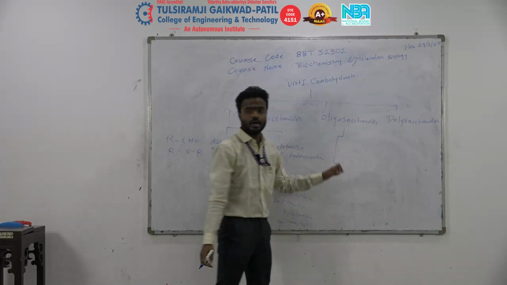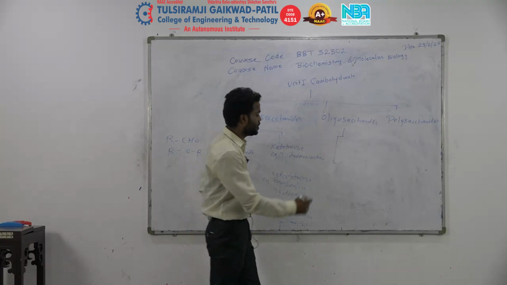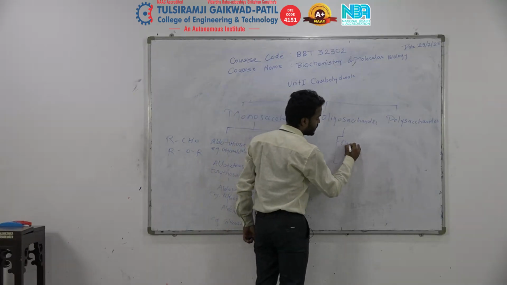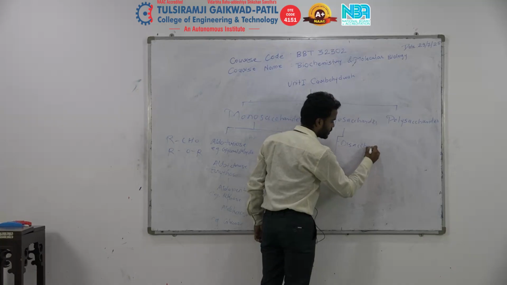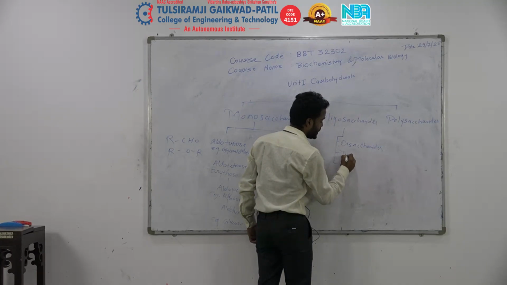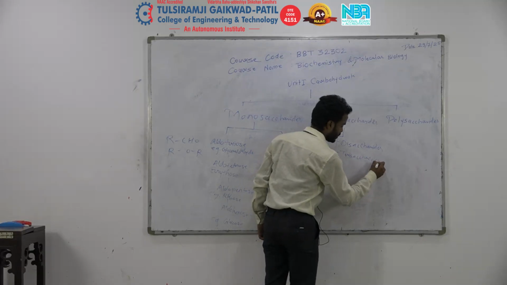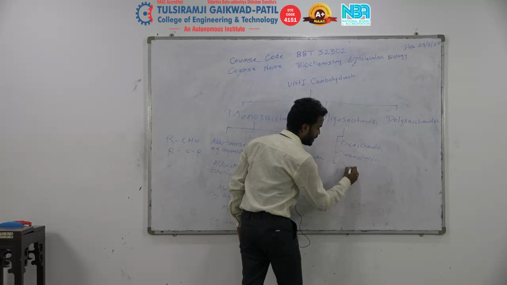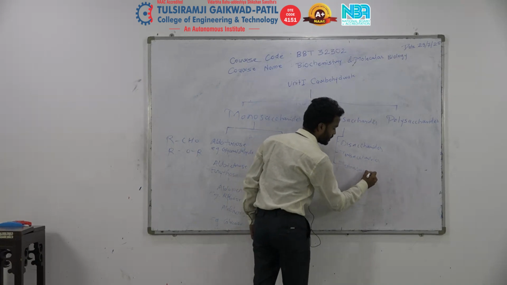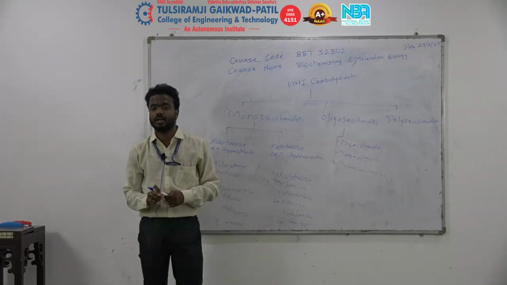And there are some examples of oligosaccharides. Oligo means few; more than two sugars are present in oligosaccharides. First is the disaccharide. Next is the trisaccharide. And another one is the tetrasaccharide.